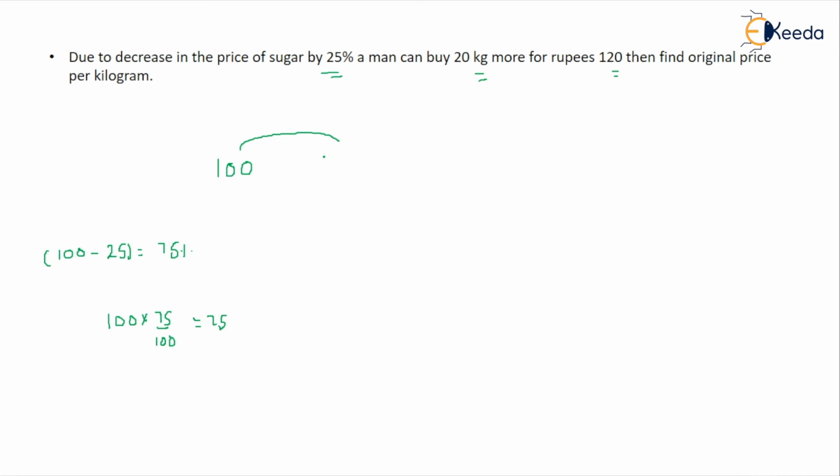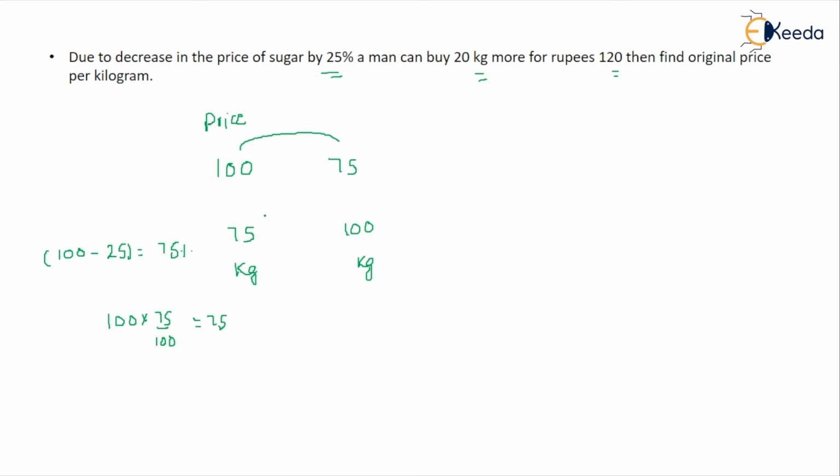Okay. So 100 after a decrease of 25% will become 75, right? So this will be your price, and the opposite of it you have to do with weight. So because of this, 75 becomes 100 kg. As I told you, whatever the price change, you just reverse it with the weight.